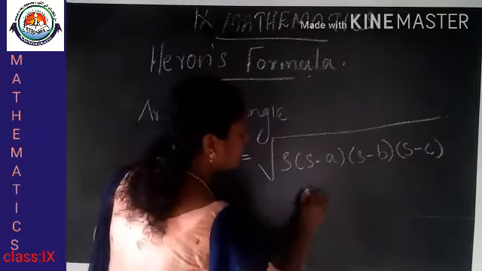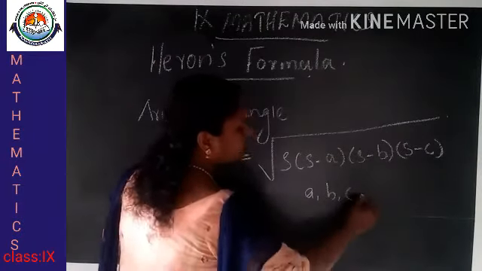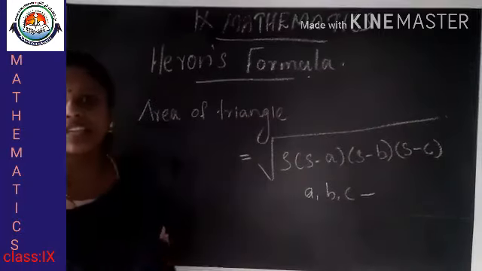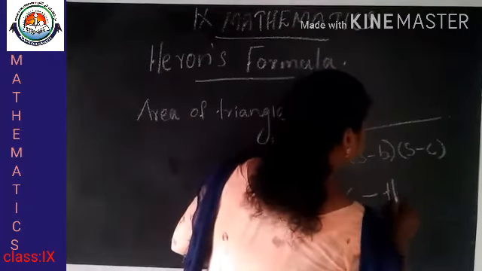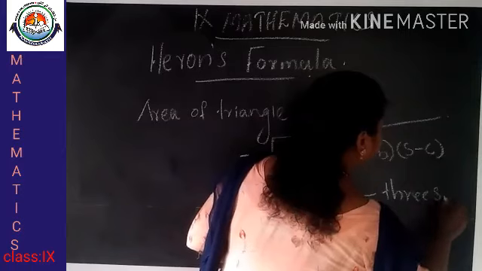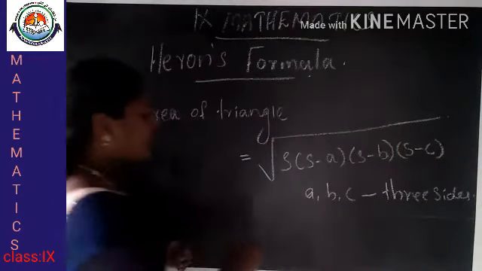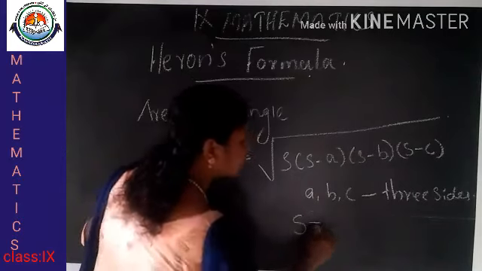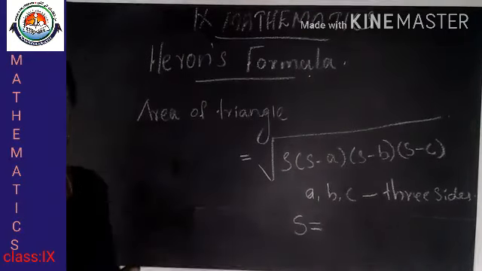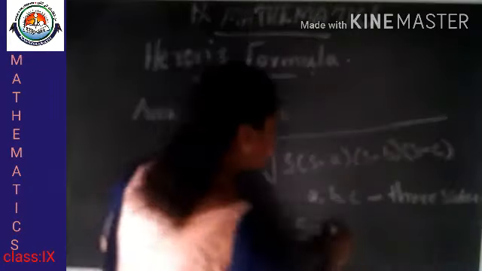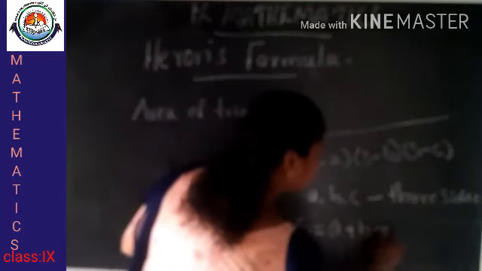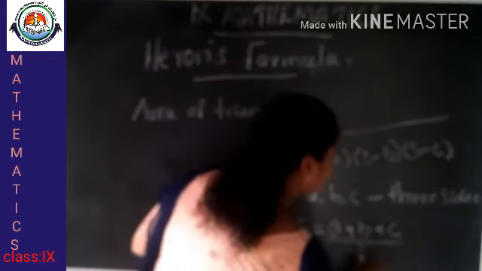Here a, b, c are the 3 sides of the triangle, and s means half of the perimeter. Half of the perimeter means a plus b plus c by 2.